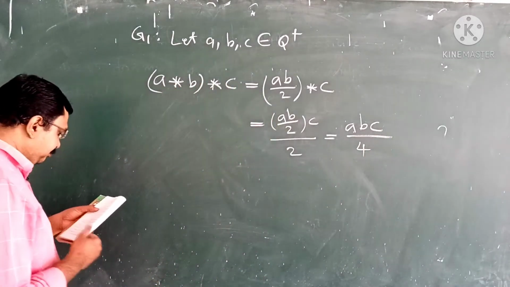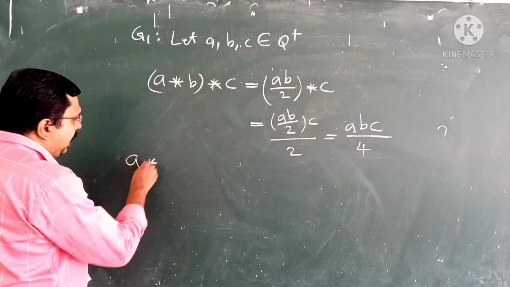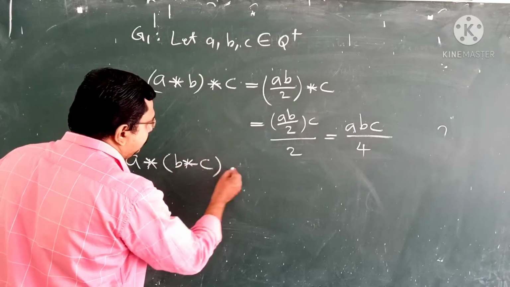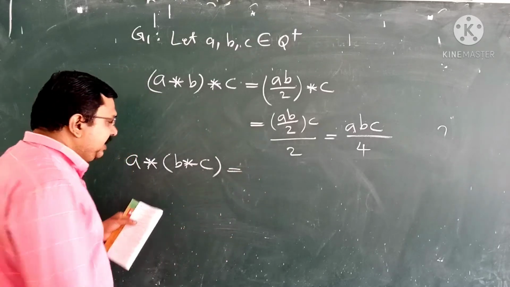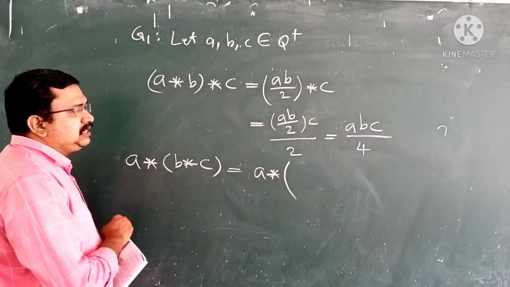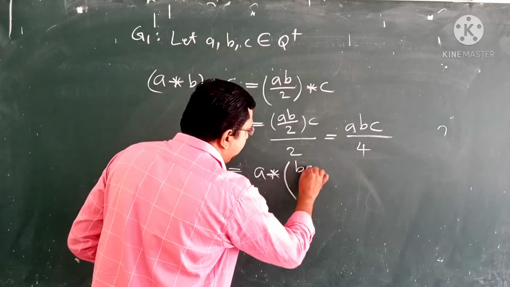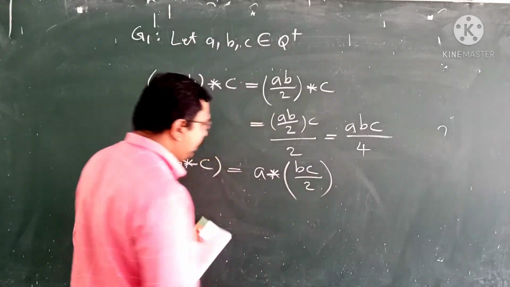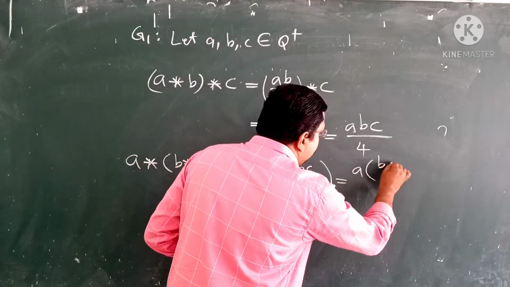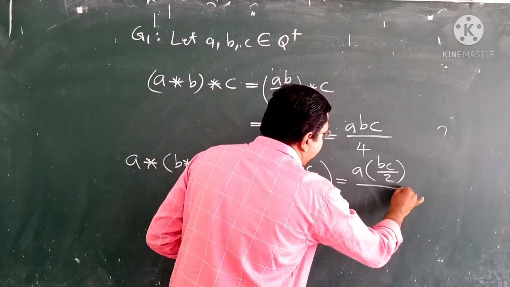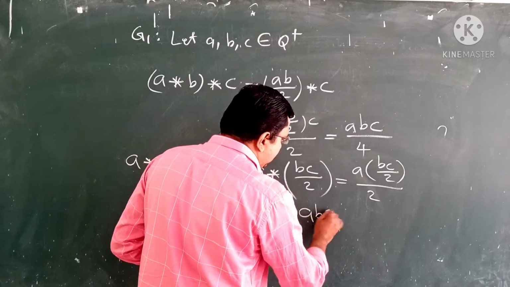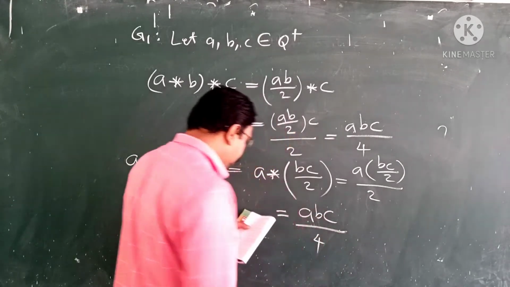Next, a star (b star c). That is equal to a star, what is b star c? b star c is bc by 2. That is equal to a into bc by 2 divided by 2, which is equal to abc divided by 4.